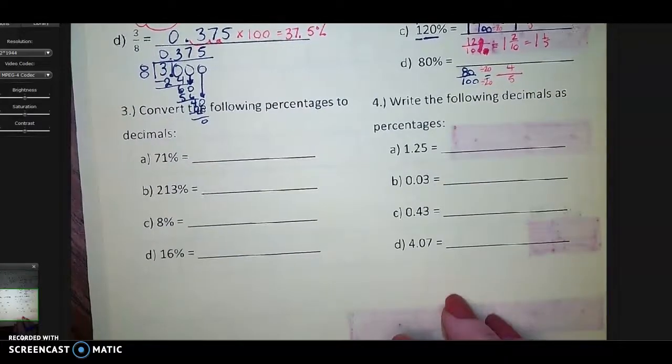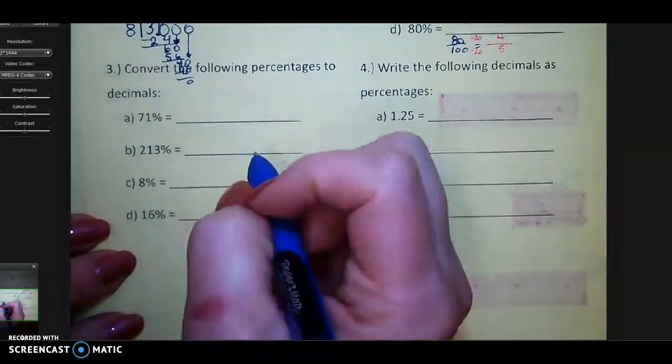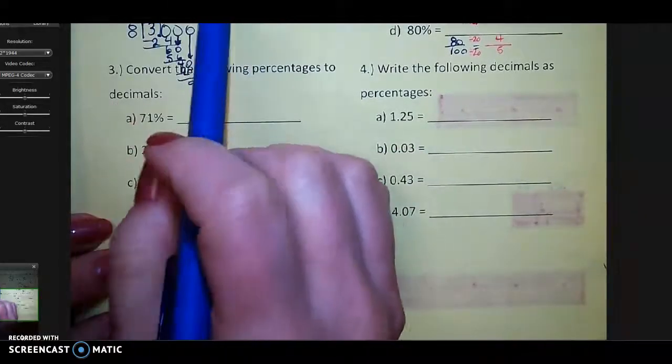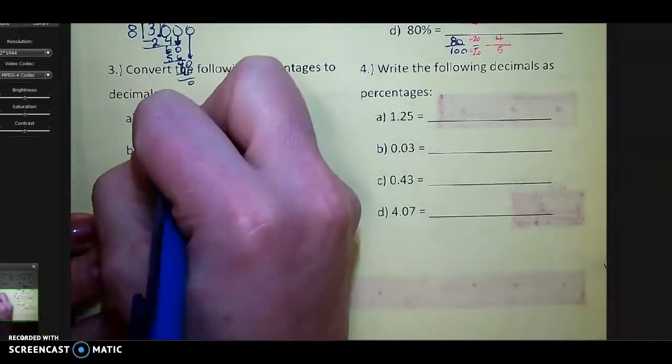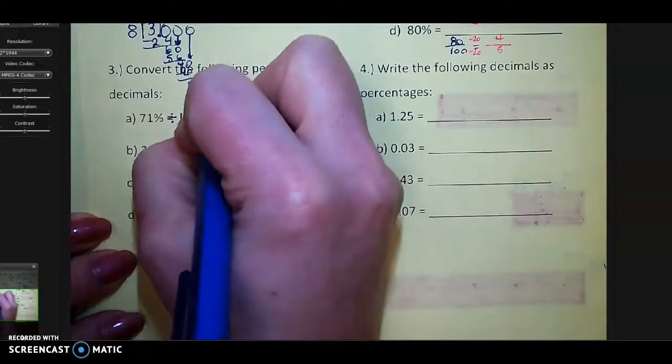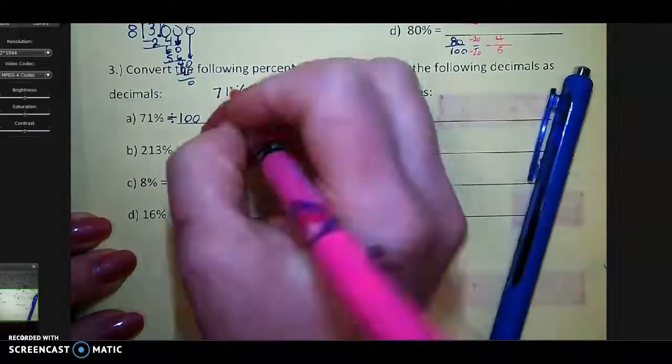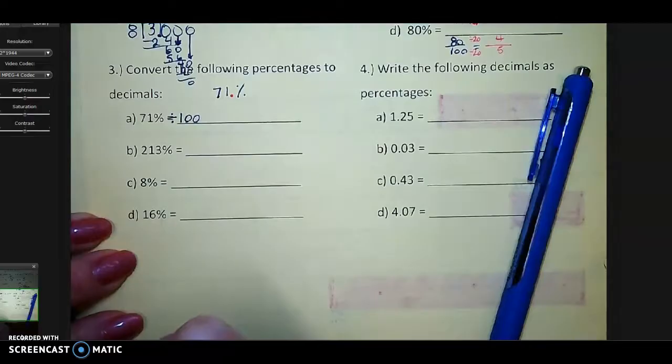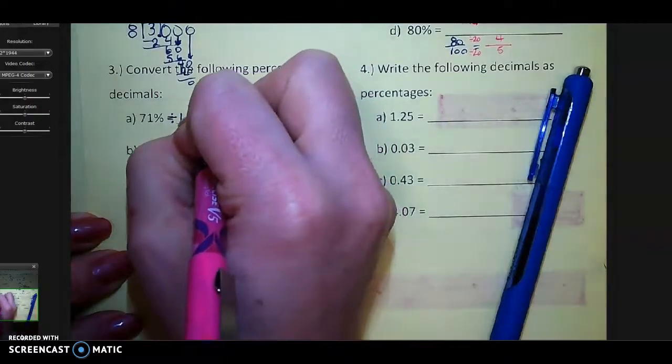Down at the bottom, we're converting these percentages to decimals, and when I go from a percentage to a decimal, instead of multiplying by 100, I'm going to divide by 100. Which means that my 71%, there's a decimal point right here, and I am just moving that back to the left.